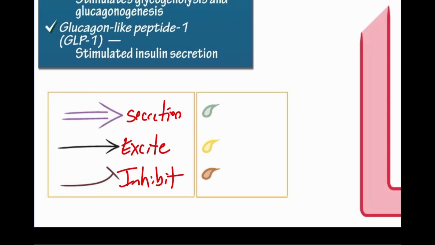The green icon, the little drop, is going to be our gastric juices. The yellow one is bile. And the orange one is going to be pancreatic secretions.